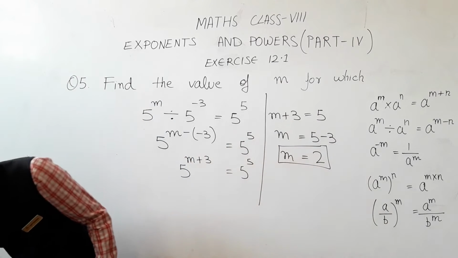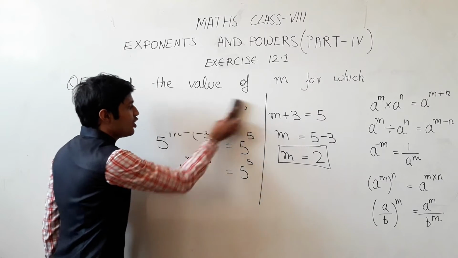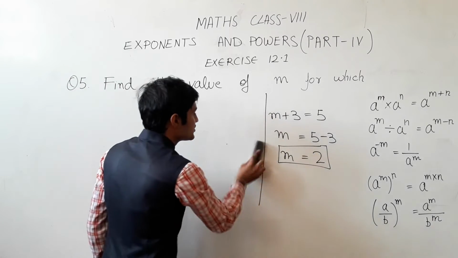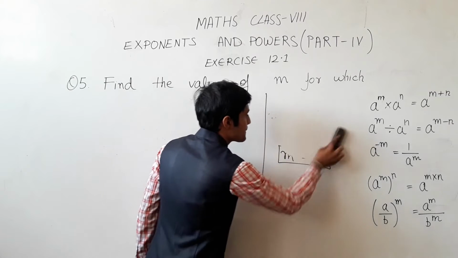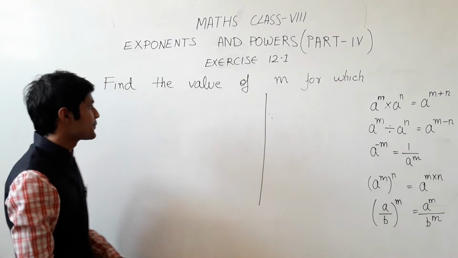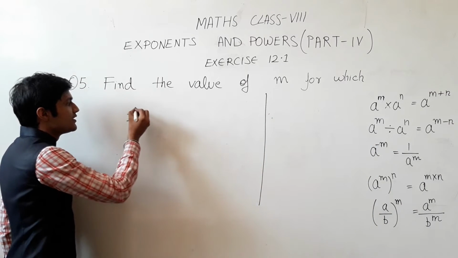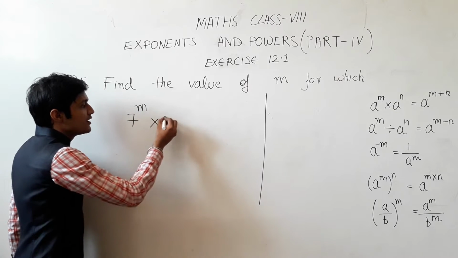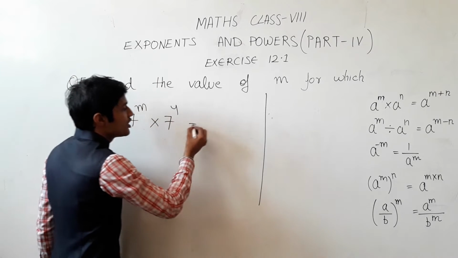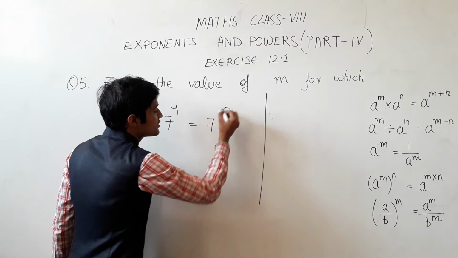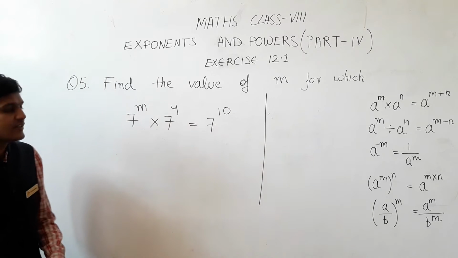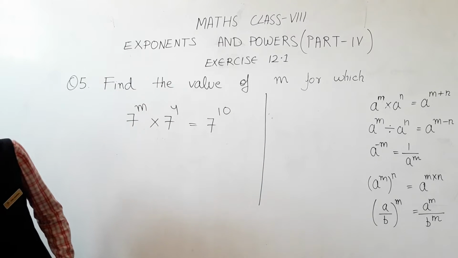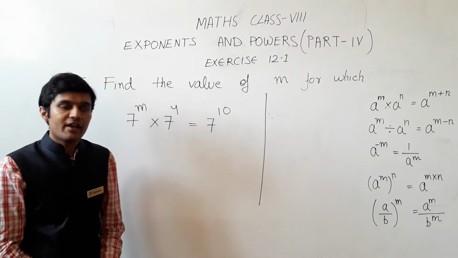Now I am taking one more example of this type. Suppose the question comes like this: 7 raised to the power m into 7 raised to the power 4 equals 7 raised to the power 10. Again the question is the same, find the value of m.